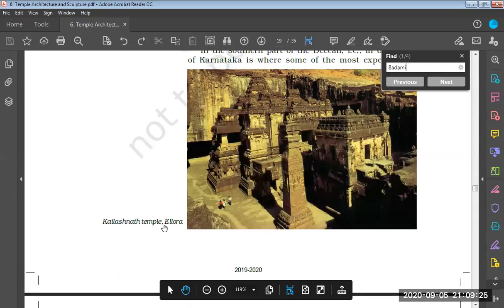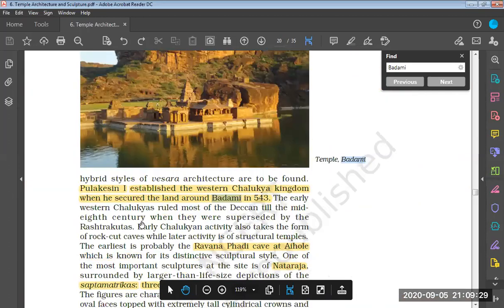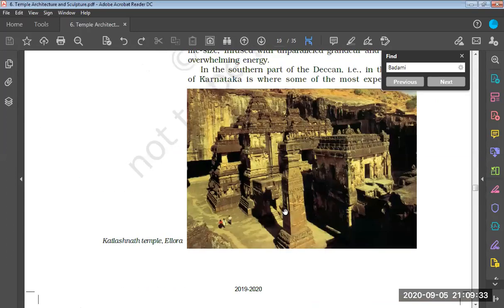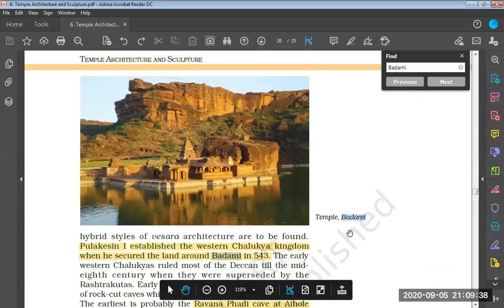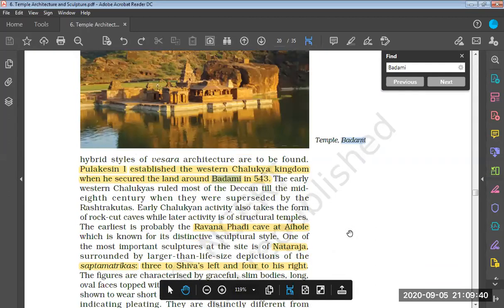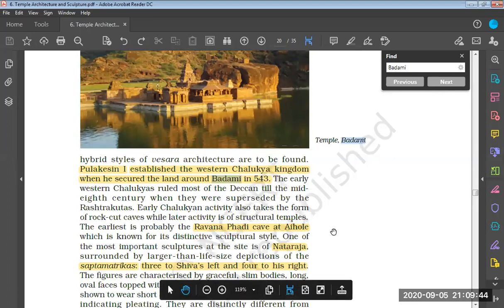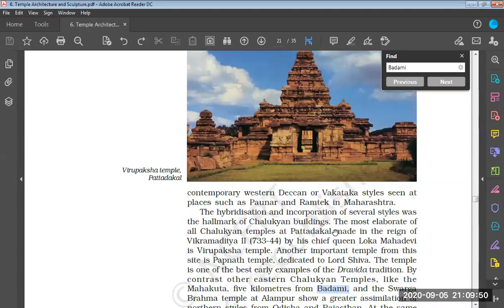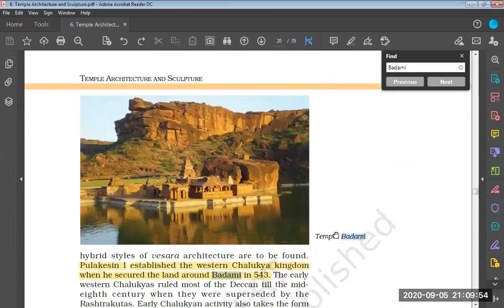I'm reading from here: Kailashnath Temple, Ellora. Below the Kailash, this is the temple at Badami. So where is the word that she was looking for, Akka Mahadevi? I think it is not given in the book, but she might have read it somewhere else. Yeah, maybe.